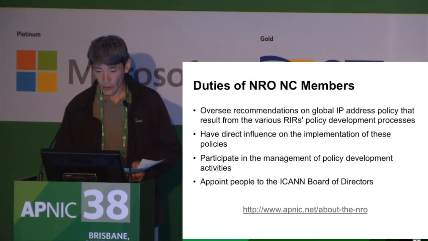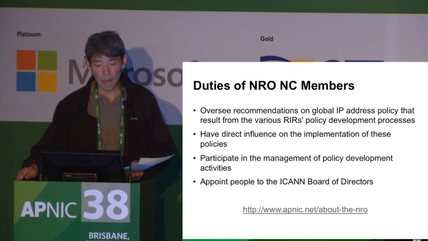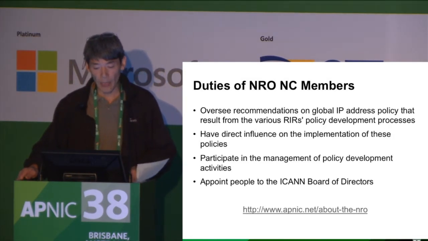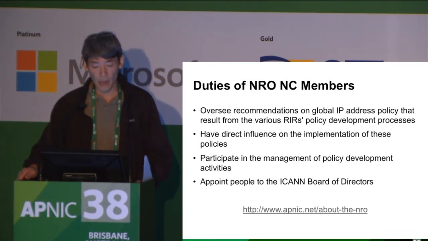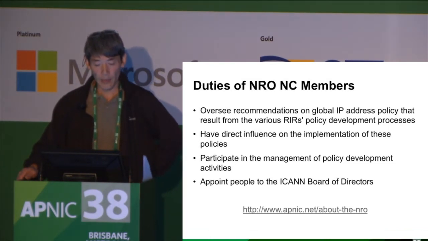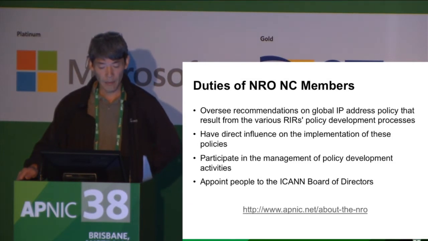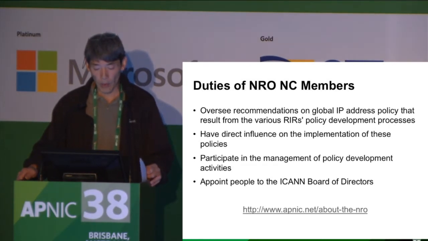So the duties of NRO-NC members are to oversee the recommendations on global IP address policy that result from the various RIRs' policy development processes, have direct influence on the implementation of these policies, participate in the management of policy development activities, and also appoint people to the ICANN board of directors.